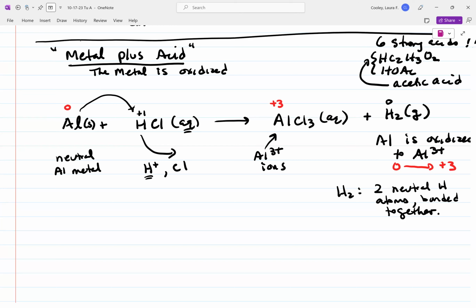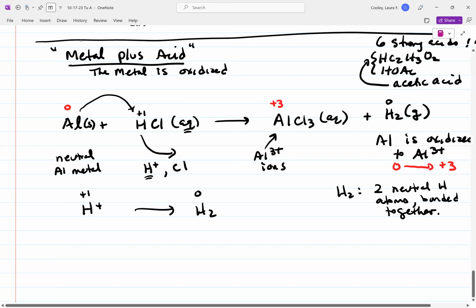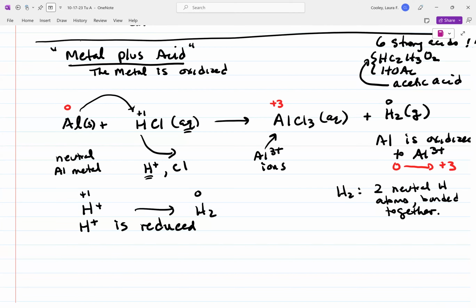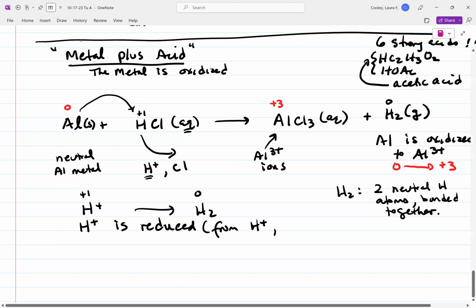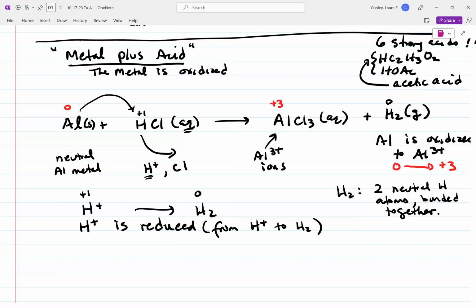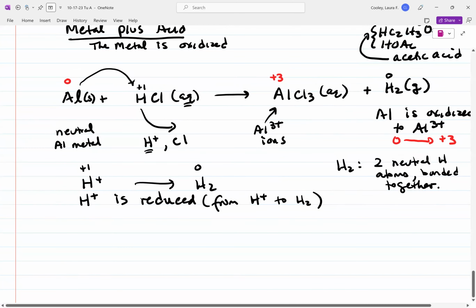Okay, so hydrogen goes from +1 to 0. Of course it's not balanced. I have to put a 2 here. Actually, I have to do a few other things. I'm not even going to bother balancing it right now. But hydrogen, H+ anyway, is reduced. It goes from H+ to H2. Its oxidation number has gone from +1 to 0.